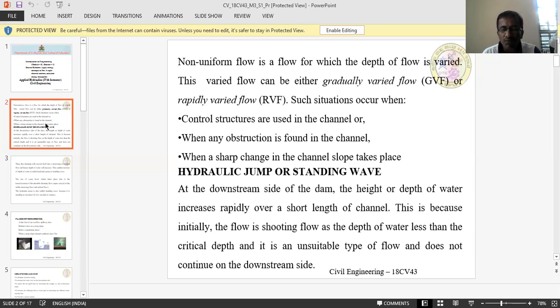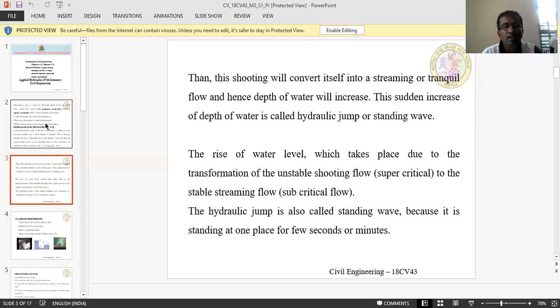Usually y1 is less than yc, where yc stands for the critical depth of flow, where the critical specific energy occurs. So y1 is always less than yc, and y2 is greater than yc, and only then does a hydraulic jump occur. Then this shooting flow converts itself into streaming flow.